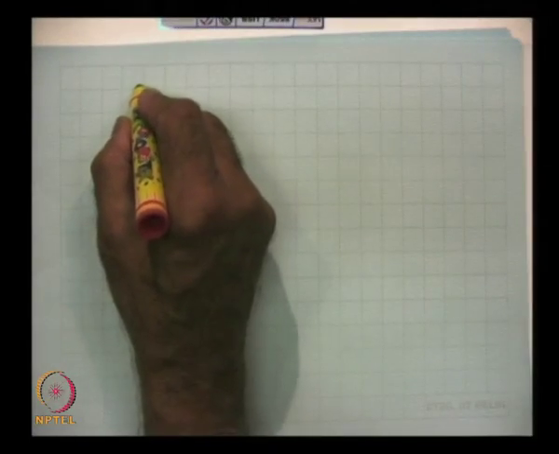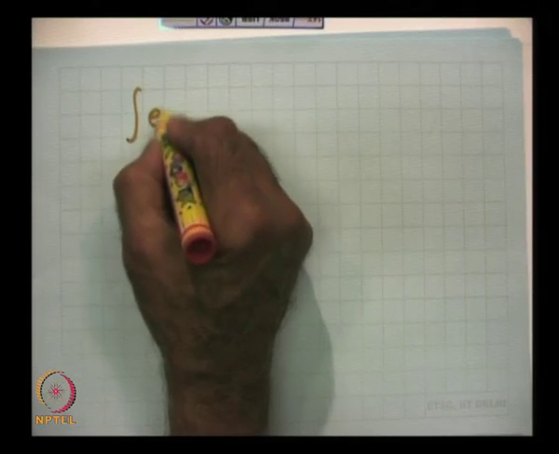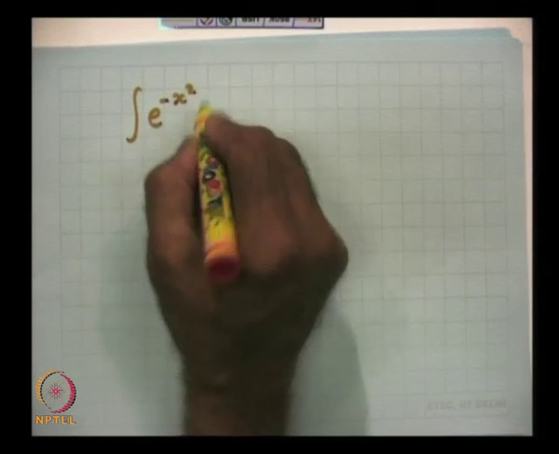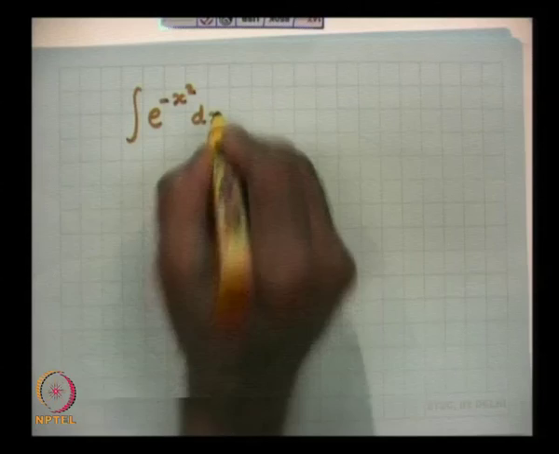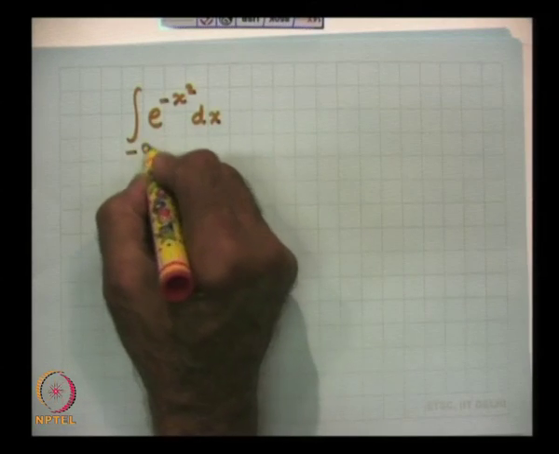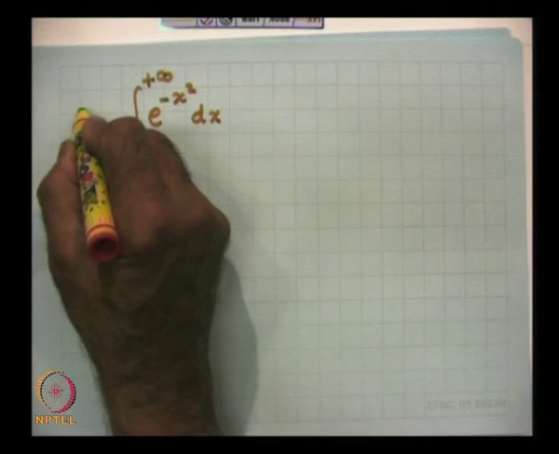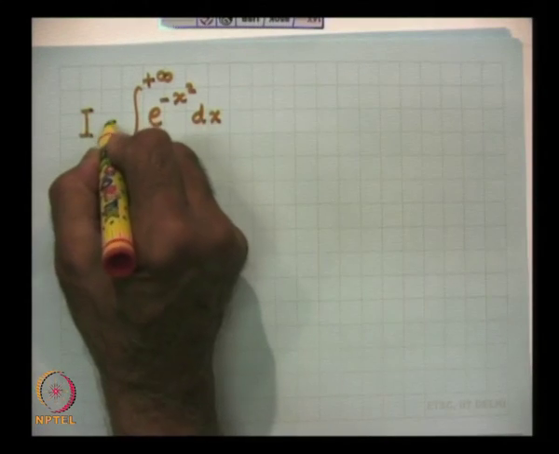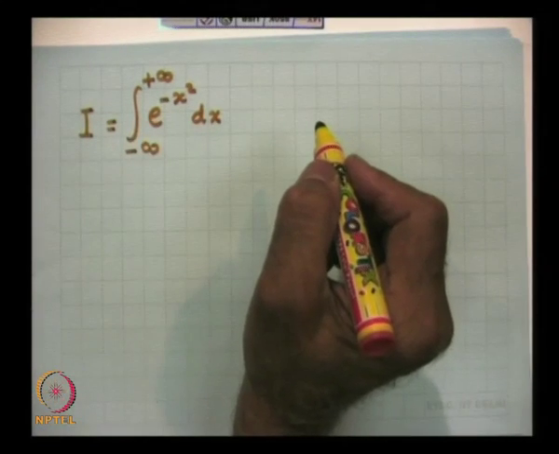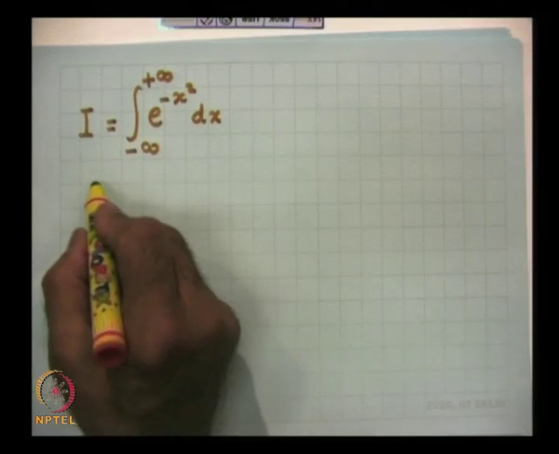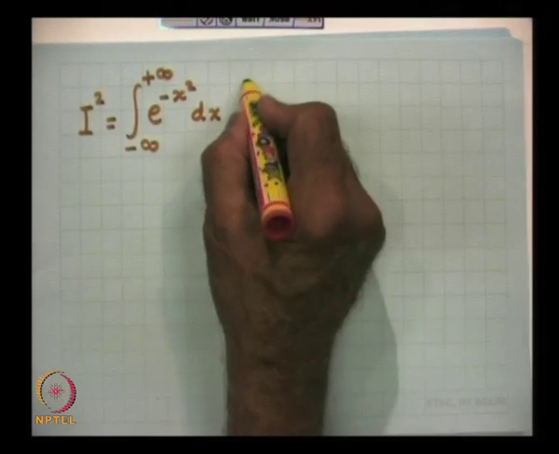Even before that, let me mention this integral, e to the power of minus x square dx, let me evaluate this integral from minus infinity to plus infinity. This integral, let us suppose I write as I. So you will have I square will be this times this.